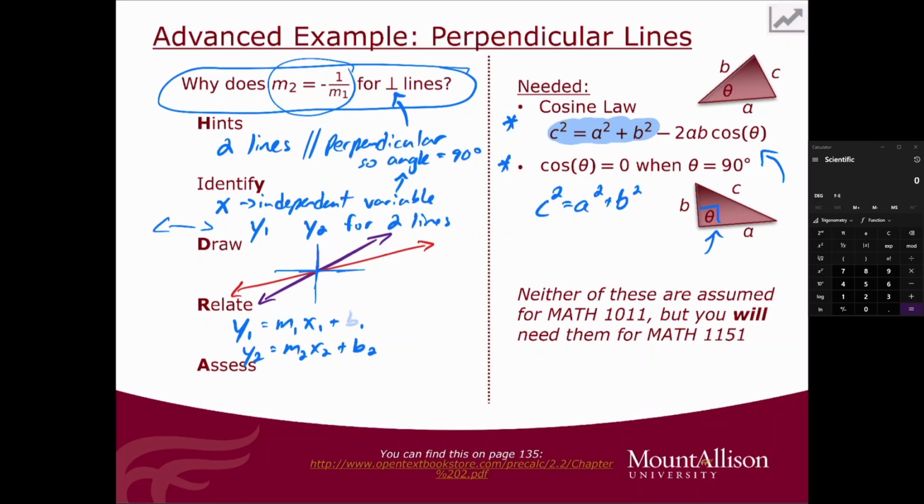So maybe I can get rid of my b1 and get rid of my b2. So this is what I meant when I said, after you draw something, that's when I start setting up relationships, because in this case I've defined things so that there's no intercept. They both hit 0. Now, we have to go and do the math before we do any assessing. So let's switch to the next slide.